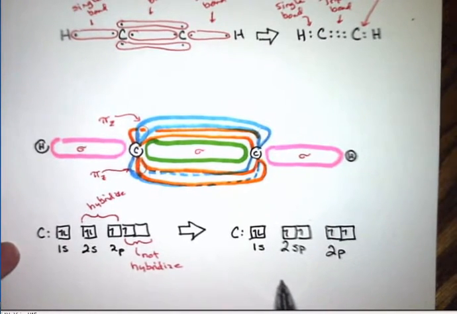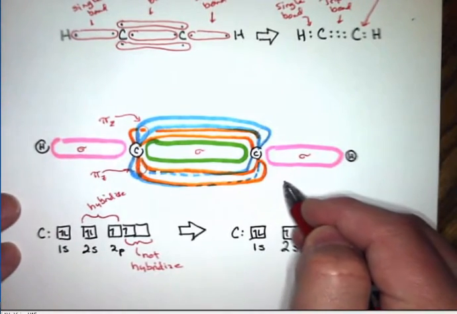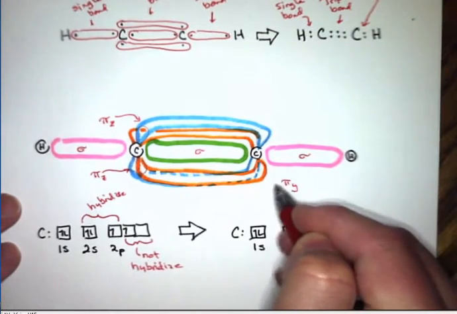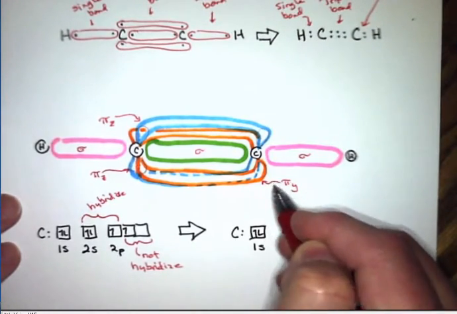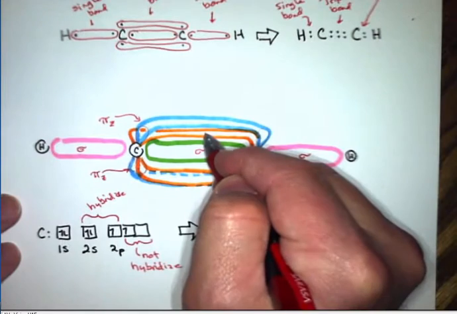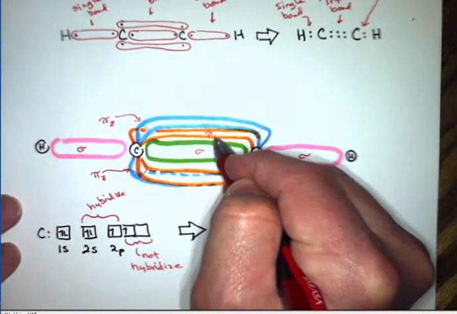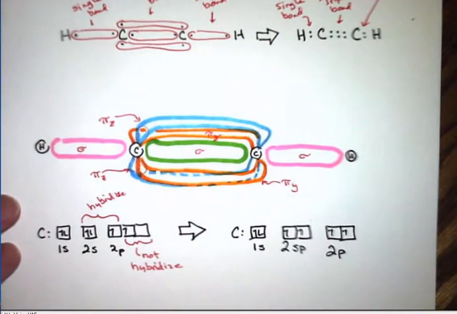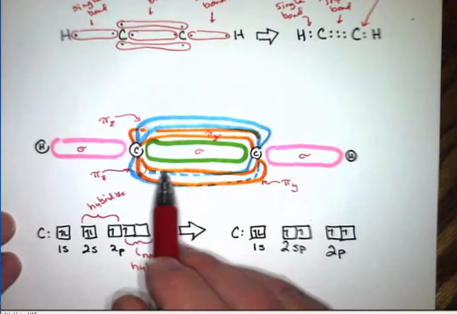Which one do you want it to be? Y. So the orange one here is pi y. I'm going to put pi y on top of this. You can label any way you want to see what's going on. Got it? Okay.